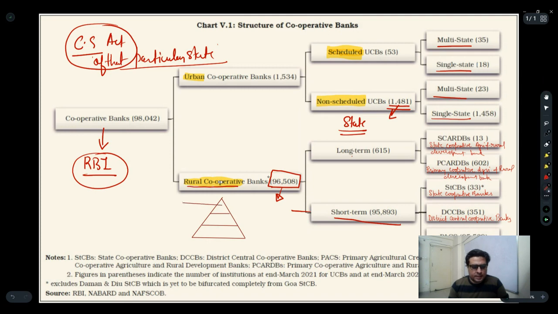So it is like state cooperative, then it is district cooperative, then it is primary cooperative.